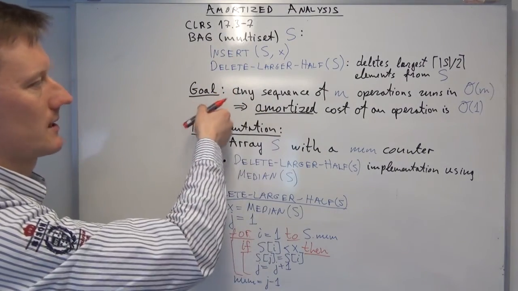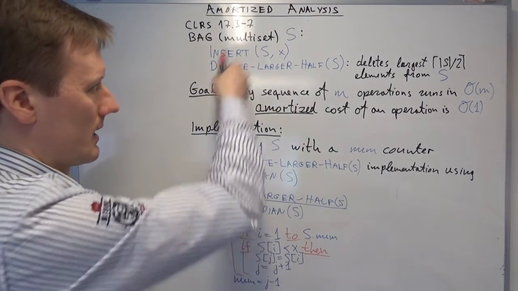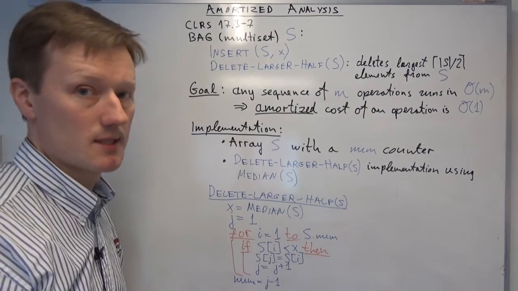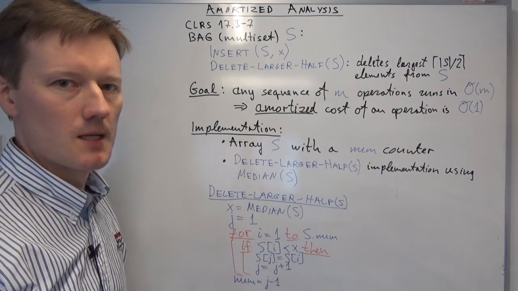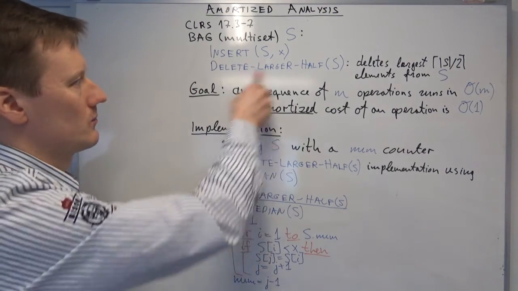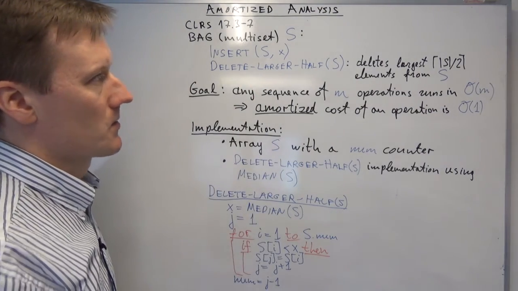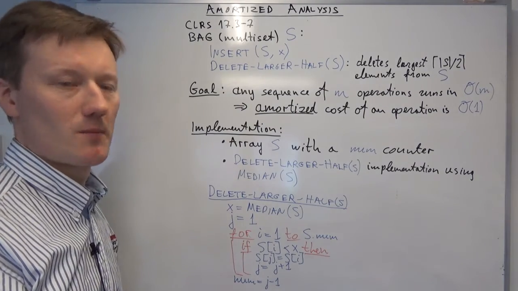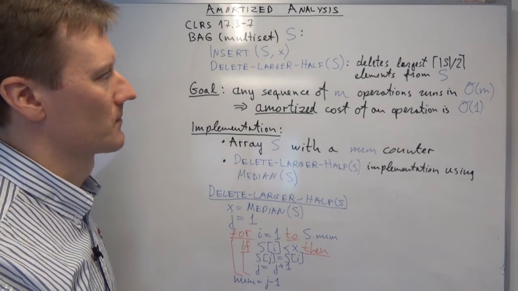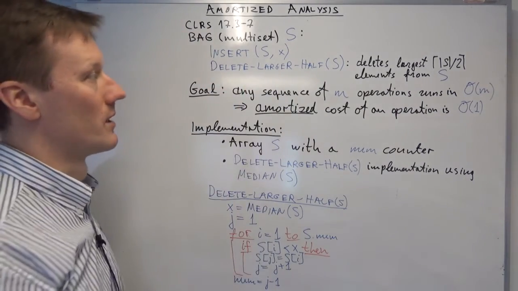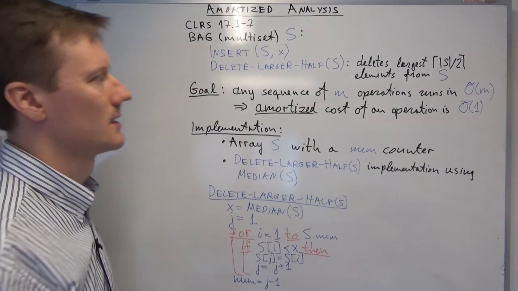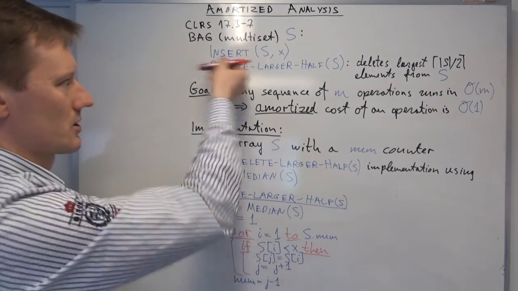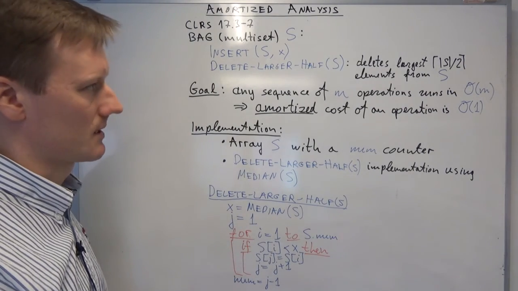You can show that the amortized cost of these operations would still be constant even if I remove some other fraction of elements from S. But it would not be constant if I remove some constant number of elements from S, say, delete the 100 largest elements. Then you cannot show that these operations can be implemented in constant amortized cost.